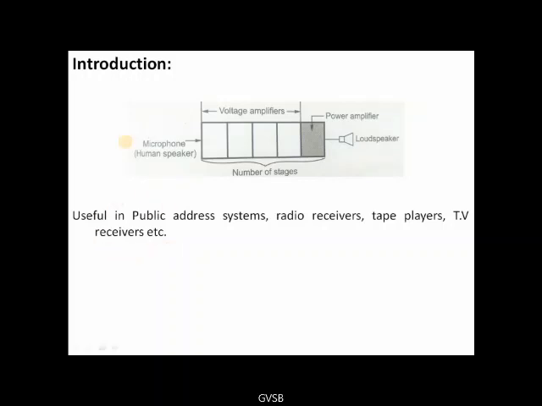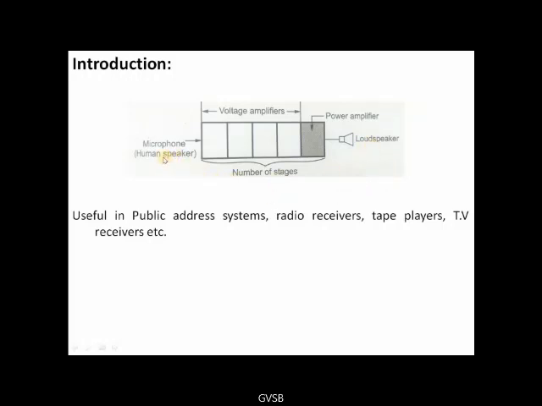Here we can see the basic idea of an amplifier, which contains many stages. These are all voltage amplifier stages and the last stage is a power amplifier stage. This amplifier section takes the input from the microphone and drives a loudspeaker.